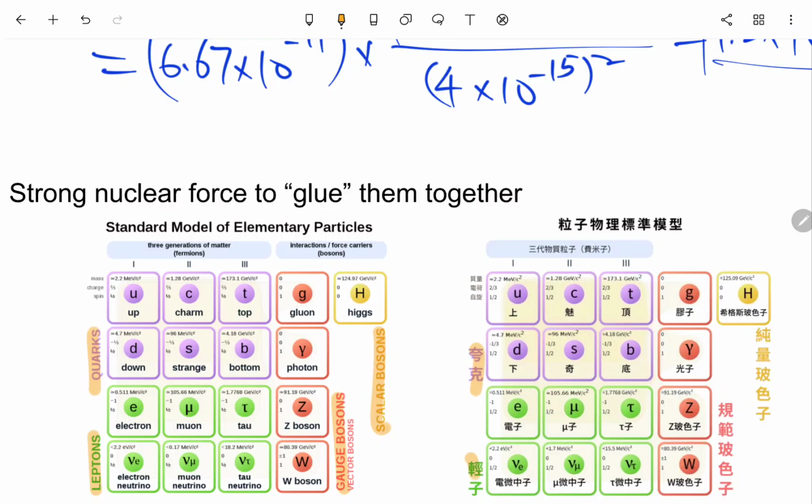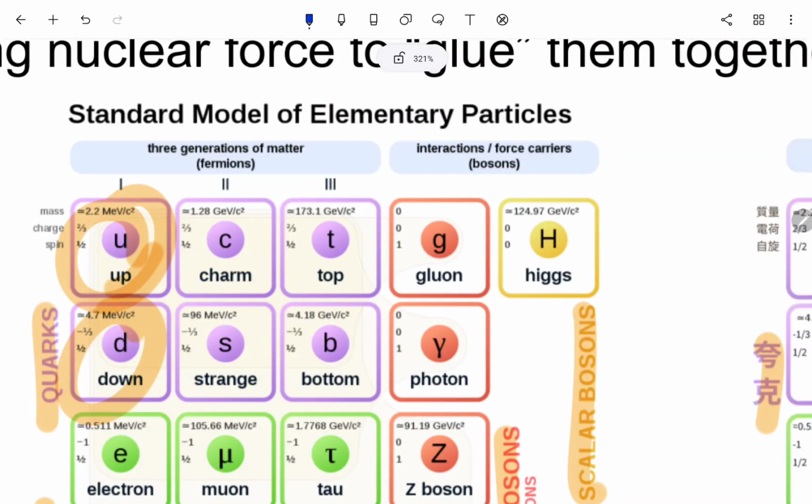So if you use some method to really separate the proton or the neutron, it can give you the up and down quarks. For the proton, let me see the charge.